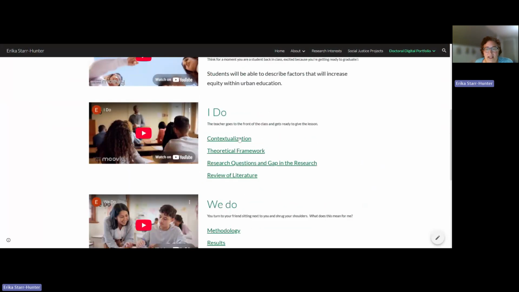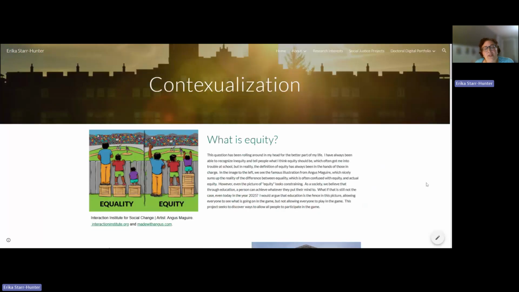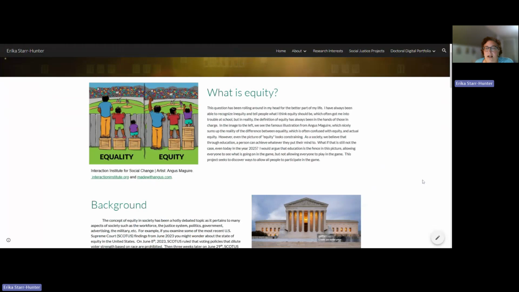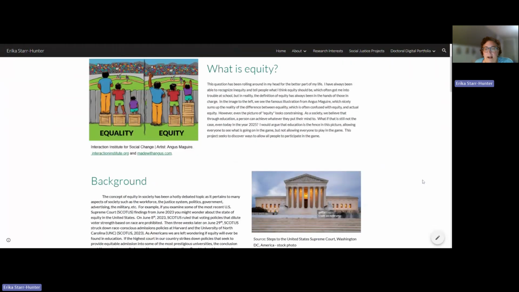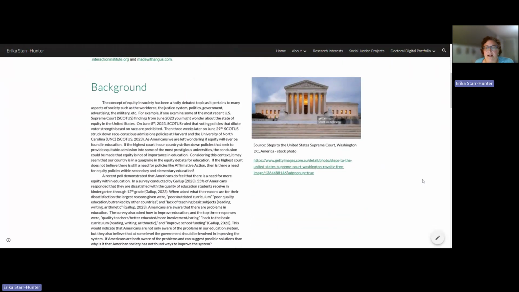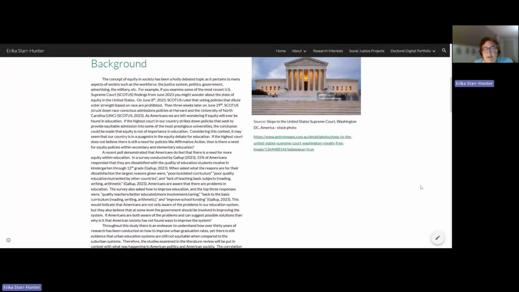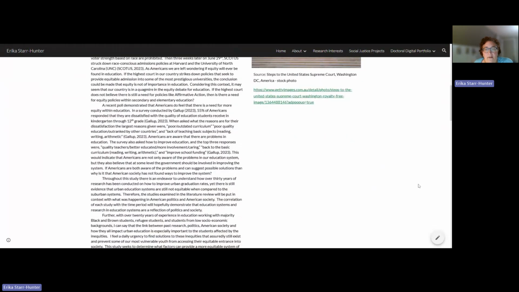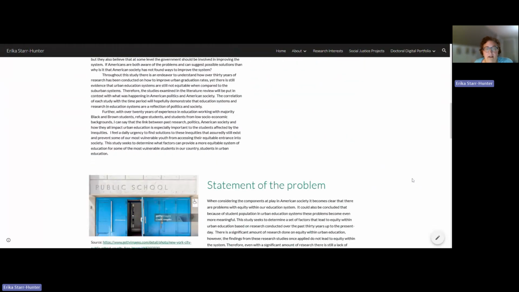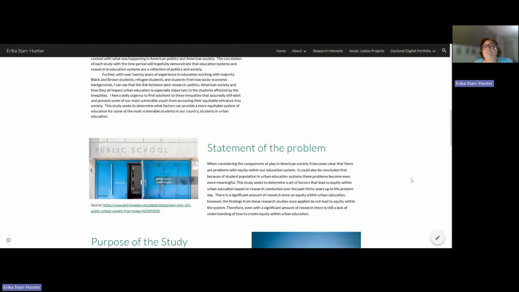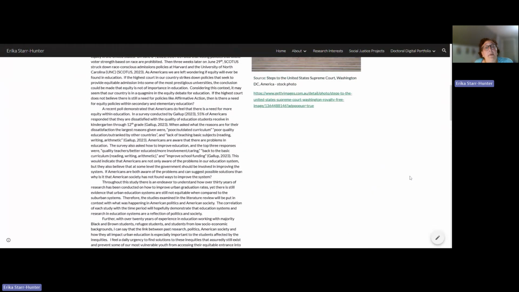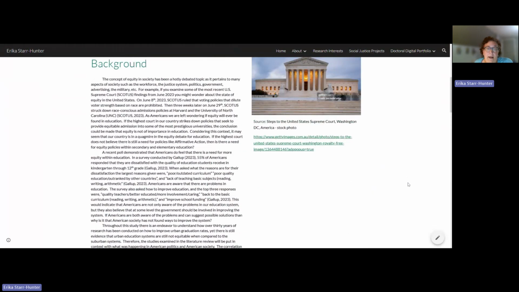Okay, so contextualization for this project, I focused on what is equity and brought it back into not just equity within urban education, but equity within our society. I looked at some of the Supreme Court decisions around education that are not what I would consider equitable.